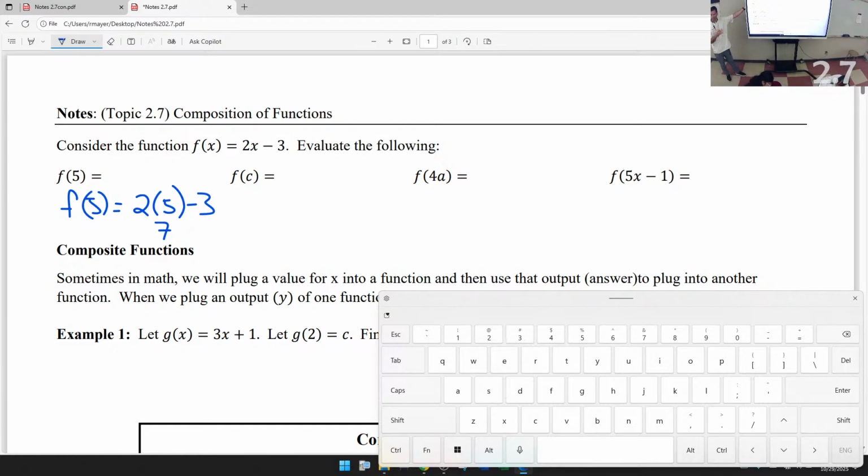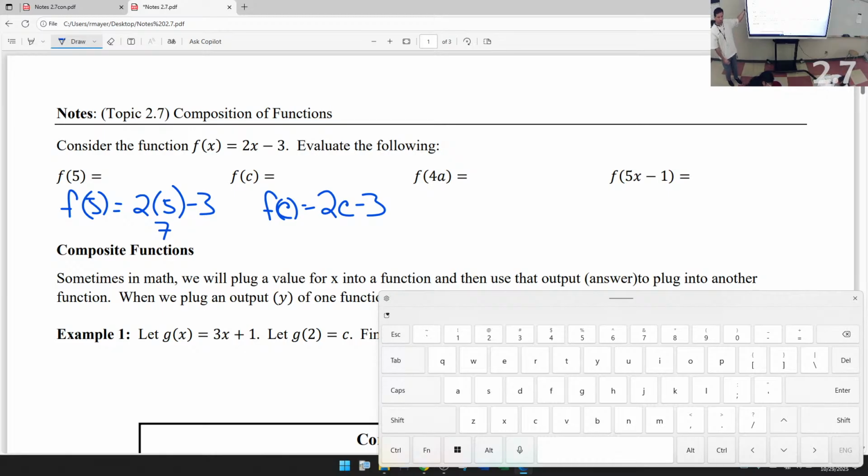But again, I wouldn't have a naked answer. Homework, I don't care, but just understand tests are a little different. Now they want f of c, so that would be f of c equals 2c minus 3. And that doesn't simplify, that just stays the same. So basically I replaced x with c.